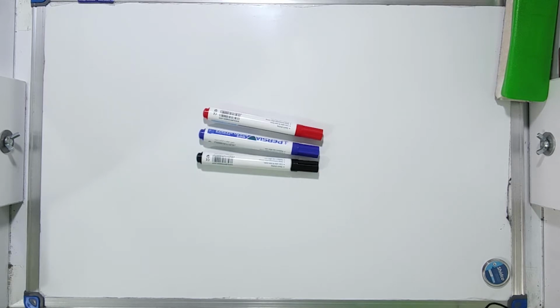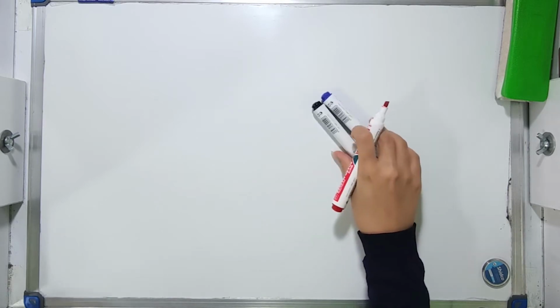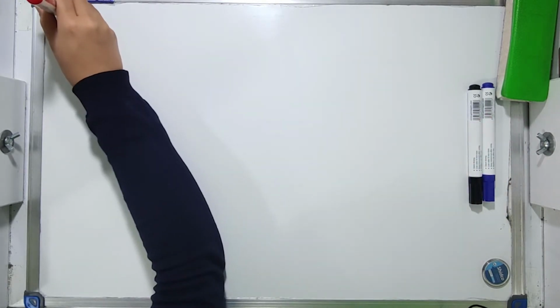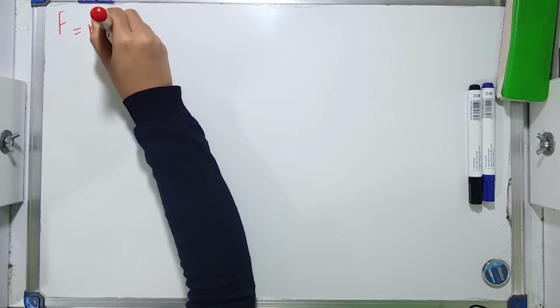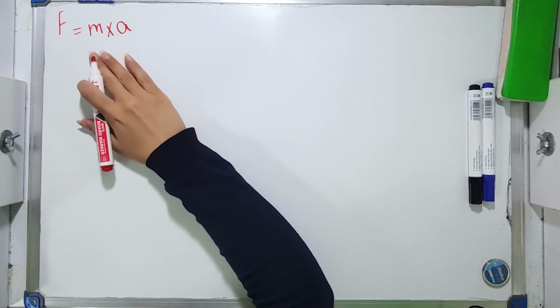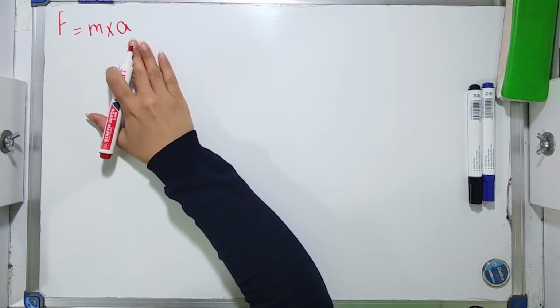So the first and the easiest formula that I'm going to show you and manipulate is F equals M times A. Force equals mass times acceleration.